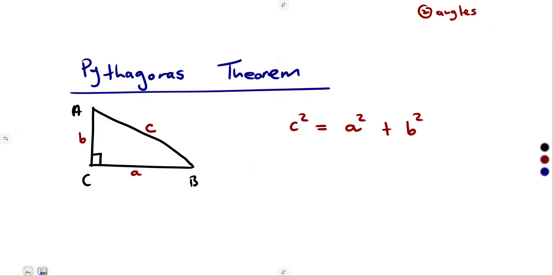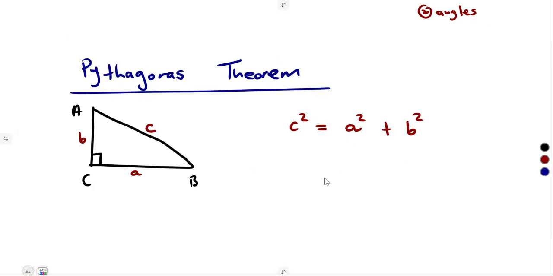There is no involvement of the angle in order for you to use Pythagoras. It is about the sides. So given two sides, I can calculate the third side from Pythagoras. I just have to play around with this formula.